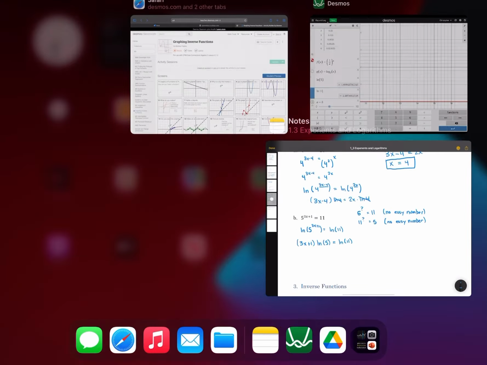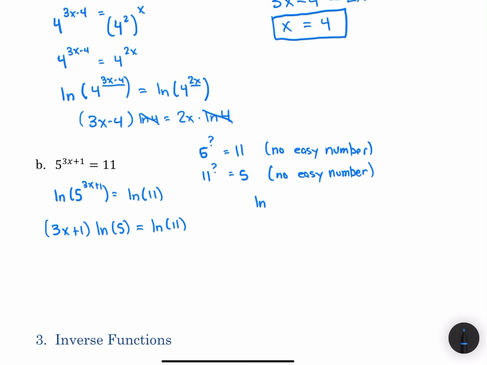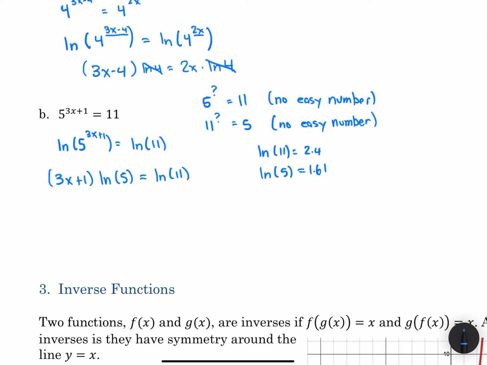The ln of 5 was 1.61. Cool. So what we really have is 3x plus 1 times 1.61 equals 2.4. So 3x plus 1 is equal to 2.4 divided by 1.61.